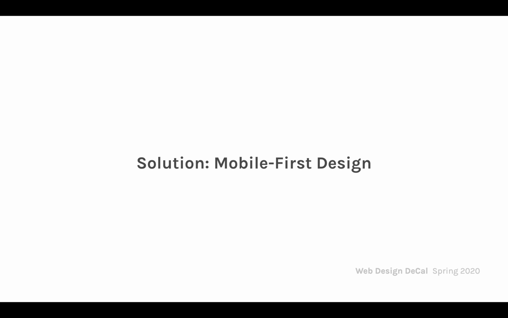And so we've presented a lot of problems, right, when it comes to differences in browser compatibility, screen resolution, and performance, right? So I think our solution, or what most people think should be a solution to these problems, is mobile first design.